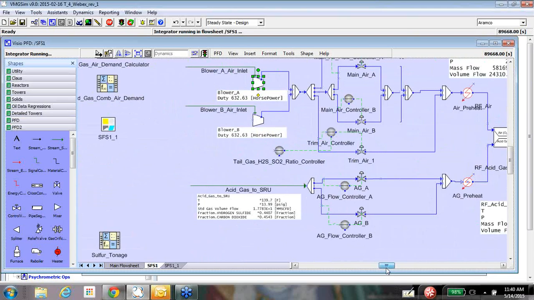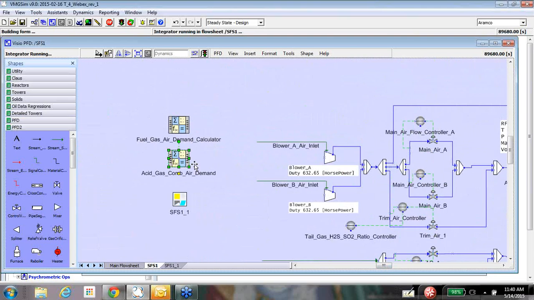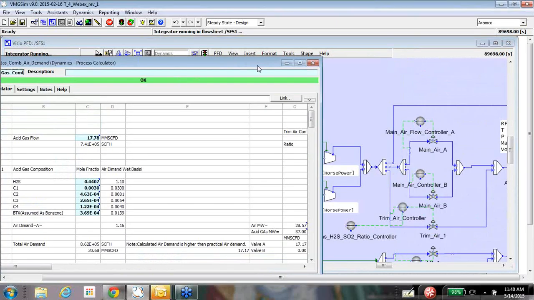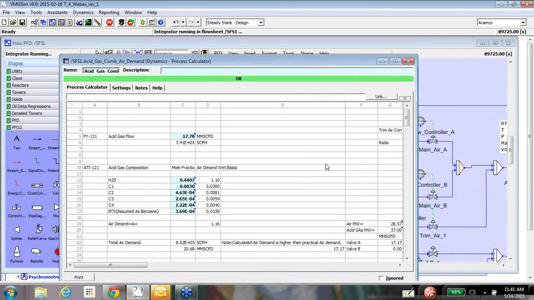this is a really wonderful tool which I really like in VMG. By using this calculator, you can correlate all those control logics and narratives that they had put in here. For example, if you change your composition of the acid gas, this will help you make sure your air demand calculation is according to your control algorithms.